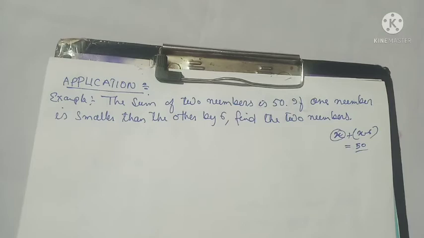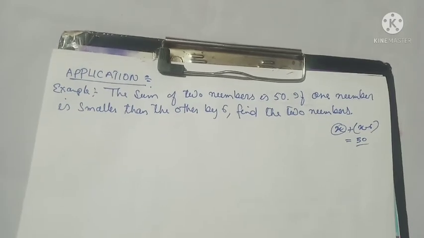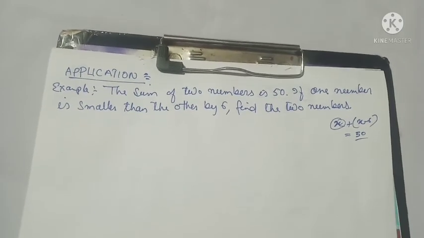We have to convert the language of the word problem into a simple mathematical statement, that is, in equation form. We have to form the equation using the condition given in the problem, and then solve the equation to find the value of the unknown quantities.